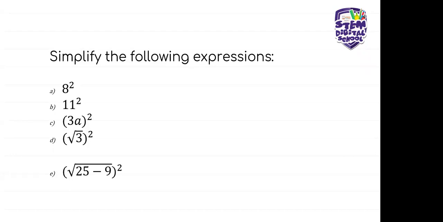If you write the square root in the form of an exponent, the square root of x becomes x to the power of half. So that is what we mean. The square root of x is the same as x to the exponent half. The exponent there is half. So if you have the square root of 3, this is also the same as 3 to the power of half.